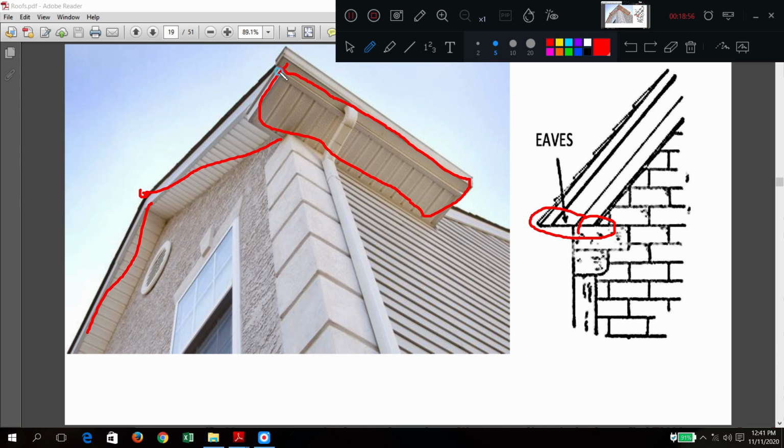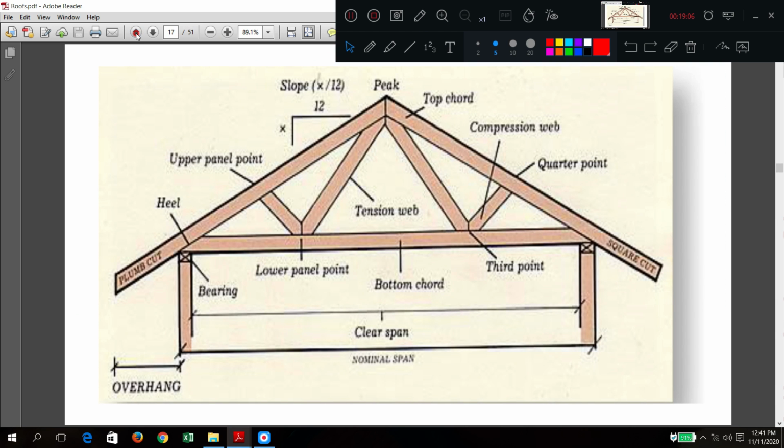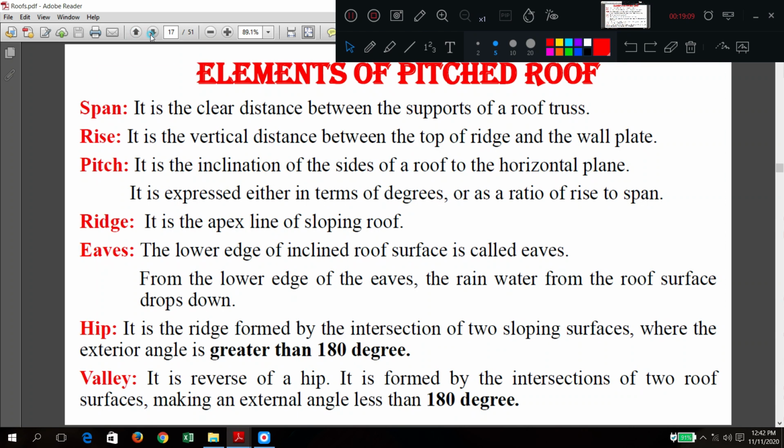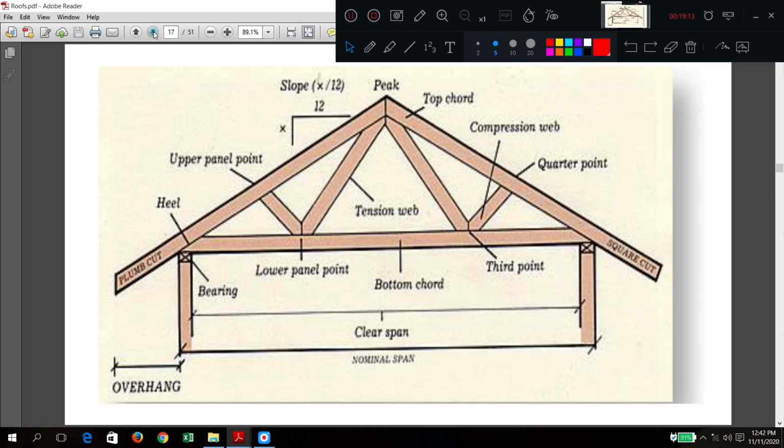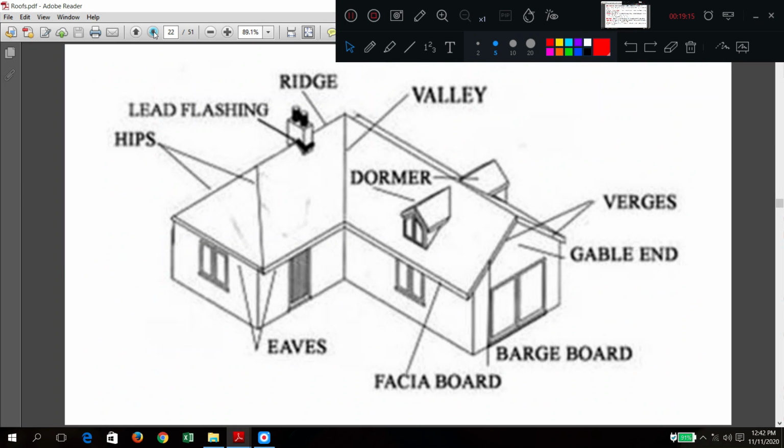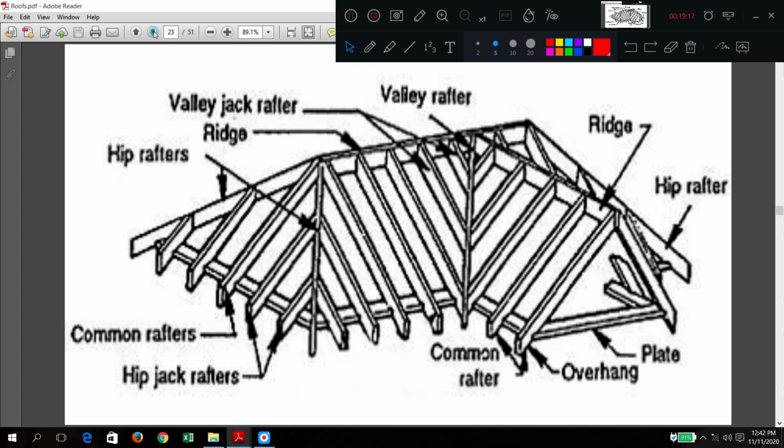Purpose of eaves board is what? To collect the rainwater. These are called eaves board. We have seen all these things. This is also completed now.